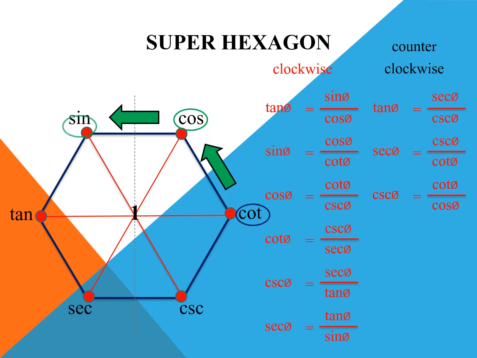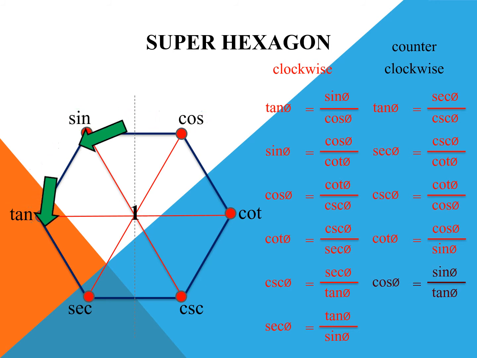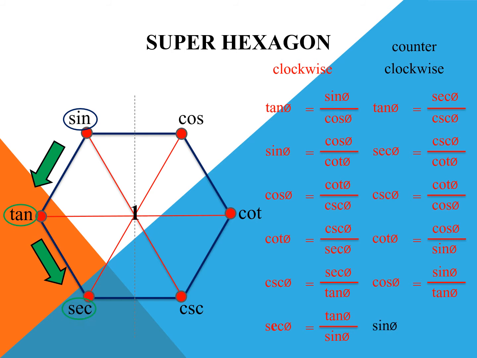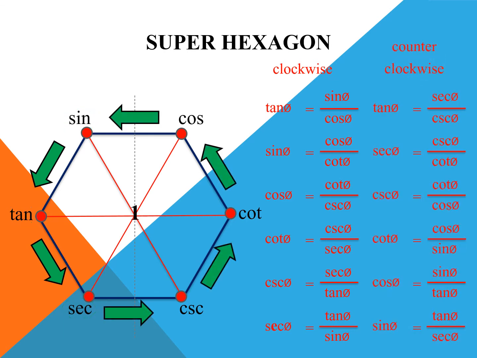Cotangent theta is equal to cosine theta over sine theta. Cosine theta is equal to sine theta over tangent theta. Sine theta is equal to tangent theta over secant theta. And that is in counterclockwise direction. So in this pattern, we have 12 trigonometric identities.